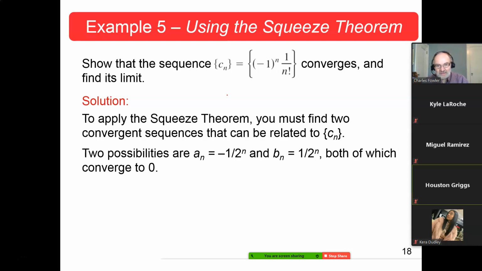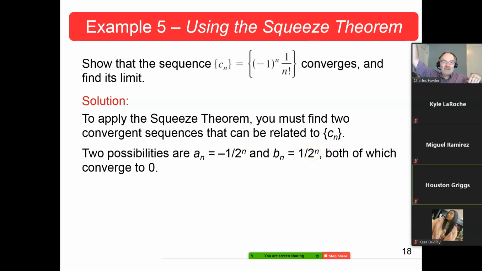You can use others. a sub n could be negative 1 over 2 to the n, and b sub n could be positive 1 over 2 to the n. Okay? And you know both of these have to converge to 0 because the numerator is fixed, negative 1 and positive 1. The denominator gets big without bound and just keeps getting bigger and bigger. They're the same denominator, so they do.